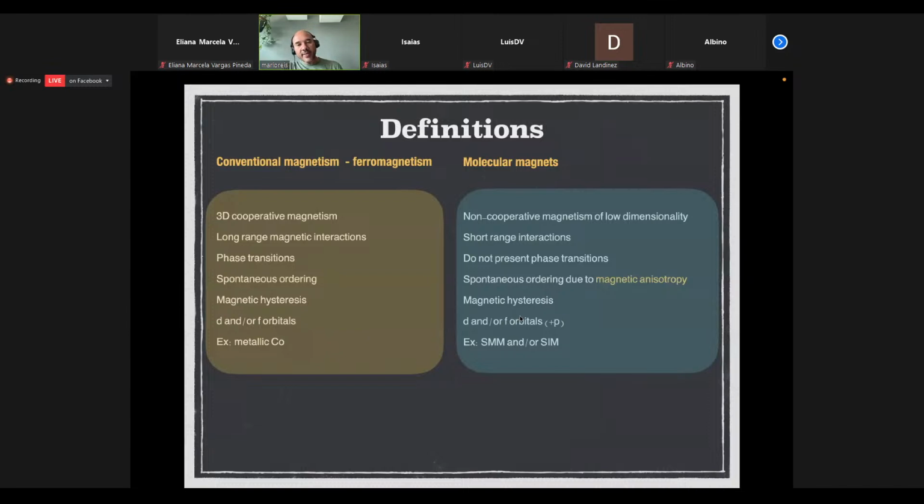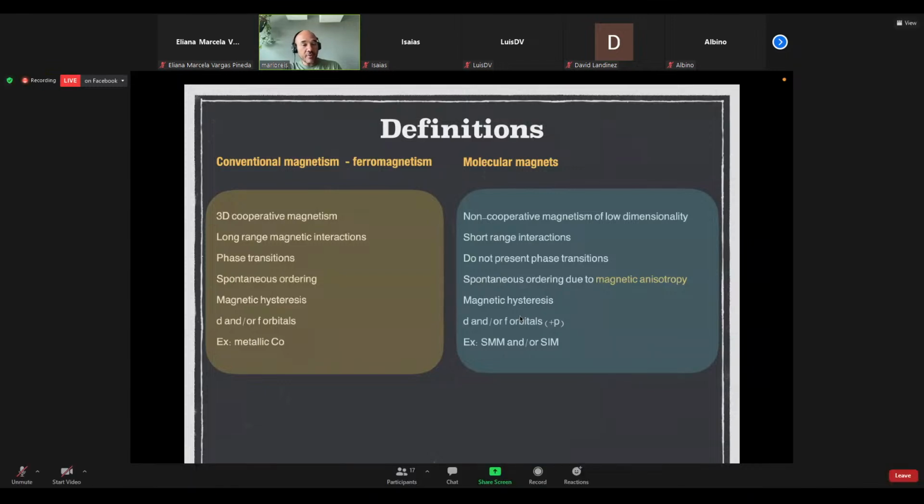And on the right table are molecular magnets. Molecular magnets are a class of materials inside the molecular magnetism approach. Okay, so it's a special class of materials, and you'll see why. We can compare both of these materials.